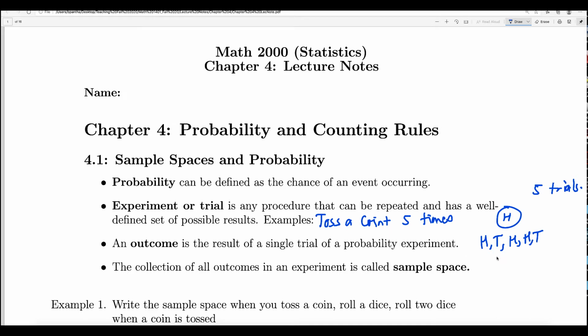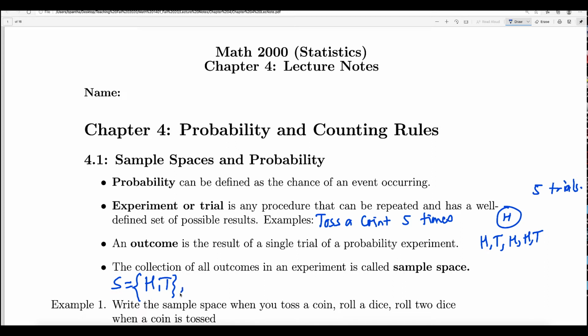That is called outcome. So the collection of all possible outcomes in an experiment is called sample space. Okay. For example, sample space is the collection of all possible outcomes. All right. So what could be a sample space if you toss a coin once? The sample space could be head or tail, right?